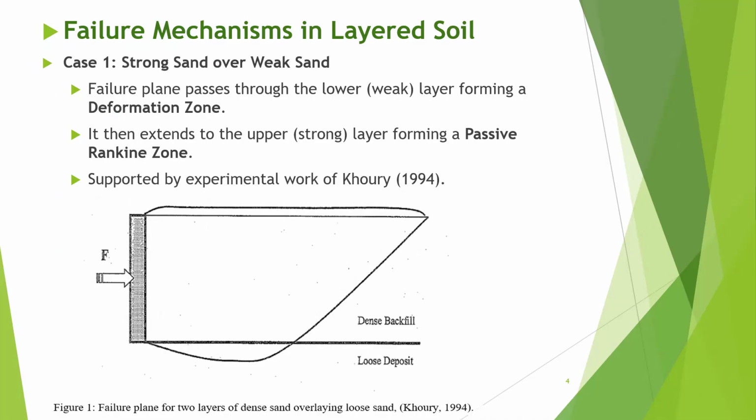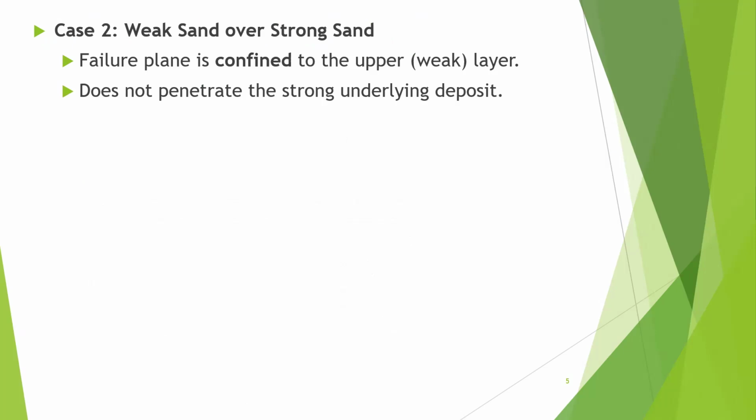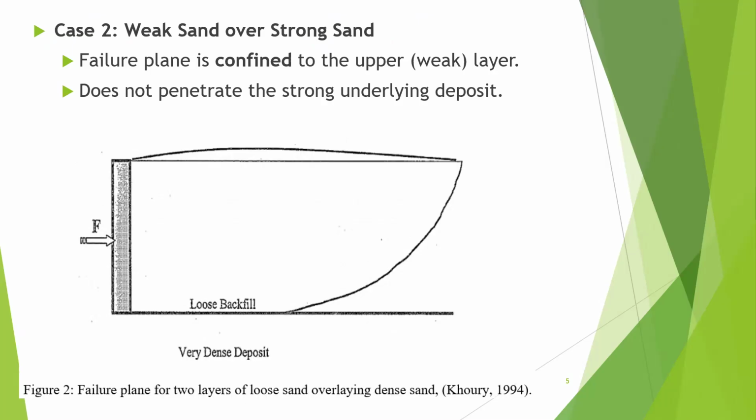It then extends to the upper strong layer, forming a passive Rankine zone, which is supported by experimental work performed by Khoury in 1994. The second case is a weak sand over strong sand. The failure plane is confined to the upper weak layer, as we can see in figure 2, and does not penetrate the strong underlying deposit.